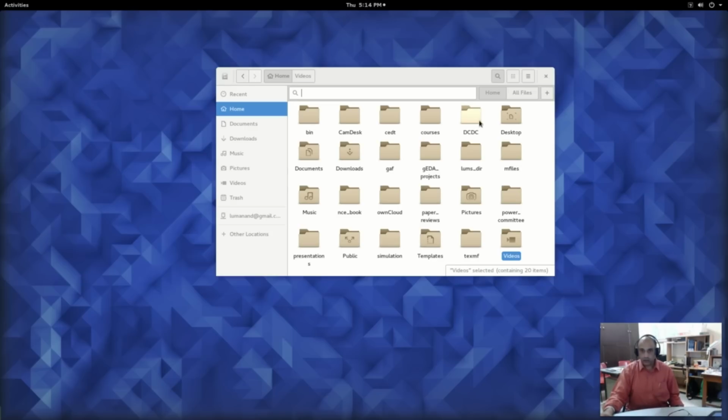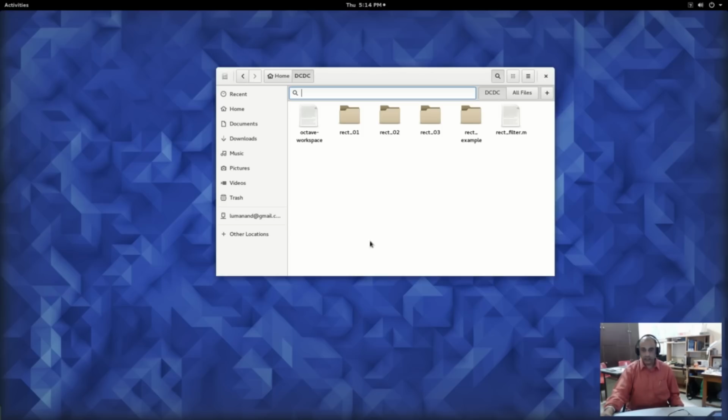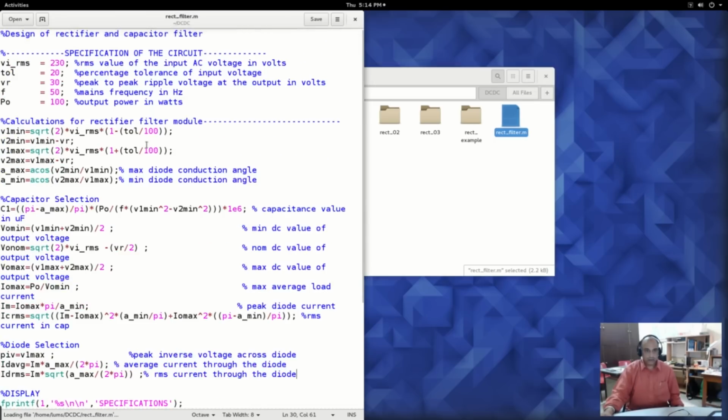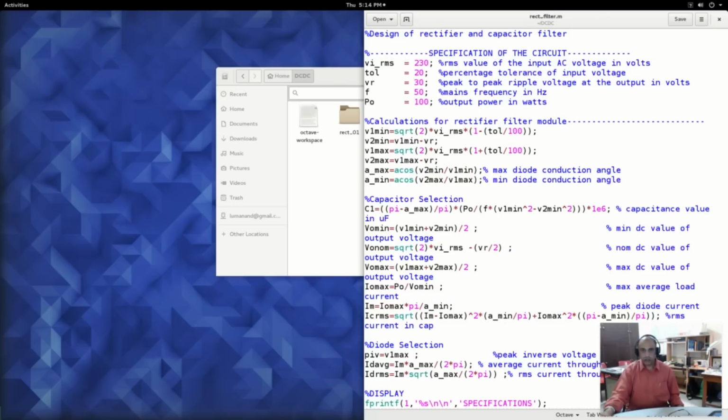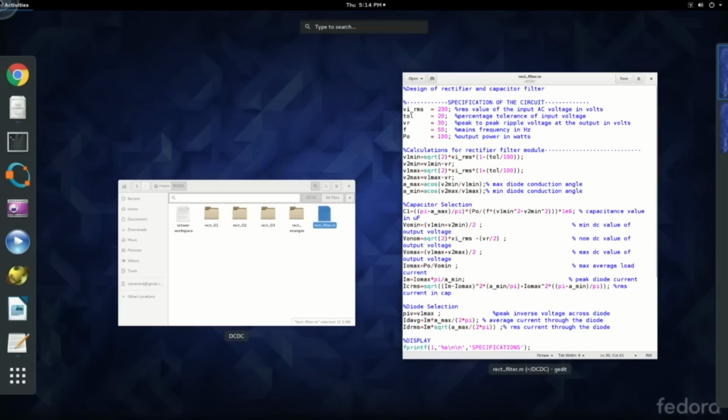So this is our folder dialog. We'll go into the DC folder. I have already created a sample here. So this is the M file. I will explain it to you. I shall keep it on one side. At the same time, I would also like to open Octave.